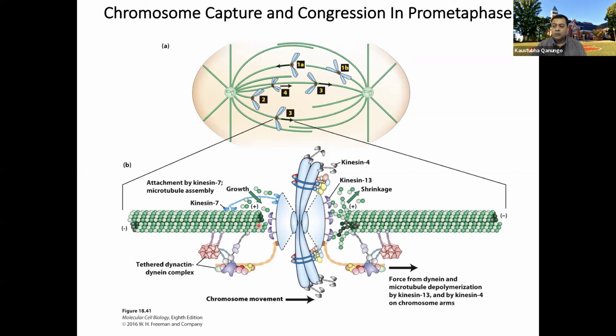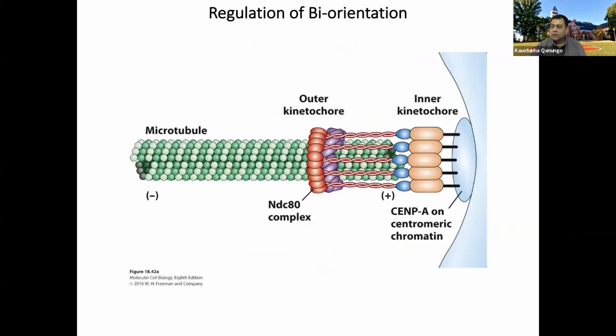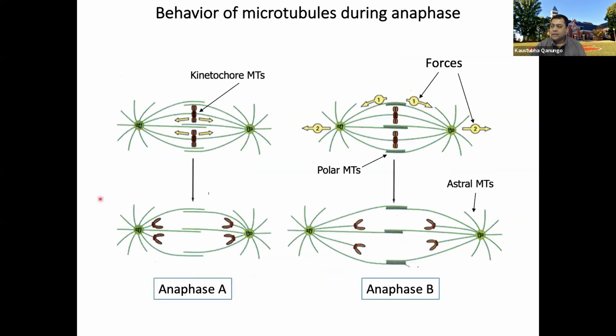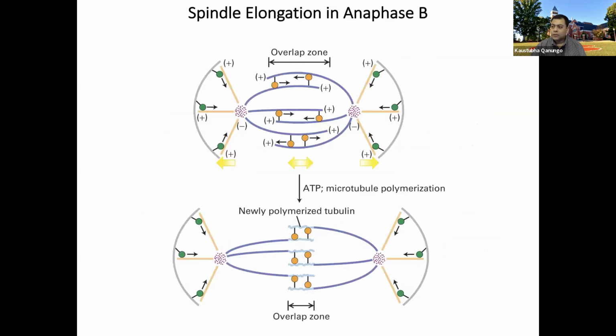On the other hand, the chromosomes can only move towards the pole due to the shrinkage, not by the polymerization. Now, let's take a look here. So here you can see that you have the polymerization, but these are polar microtubules.